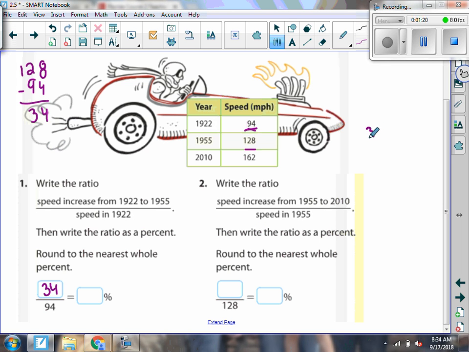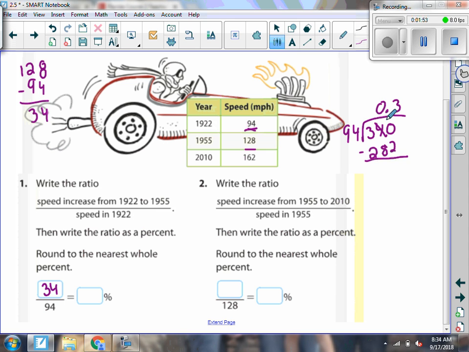So we have to divide 34 divided by 94. And 94 goes into 34 0 times. It goes into 340 3 times. So 94 times 3 is 282.